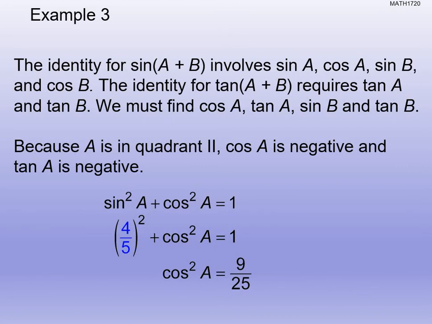Then I square root both sides, and I get plus or minus 3/5. I have to choose negative 3/5 because cosine is negative in the second quadrant. So I will choose the negative 3/5. So now I have sine of A, which was given to me. I have found cosine of A.